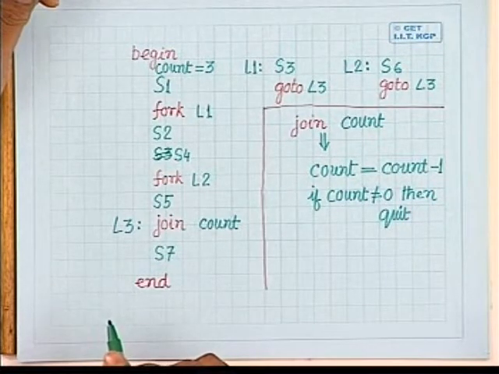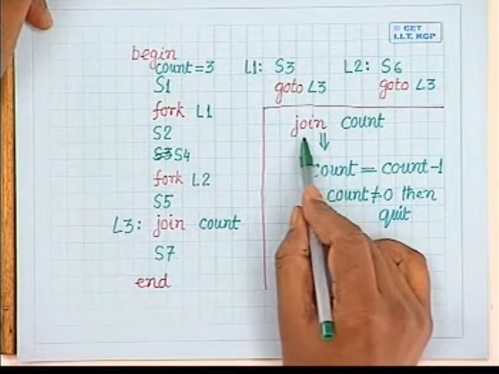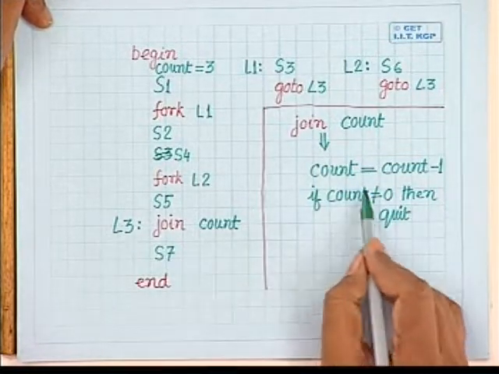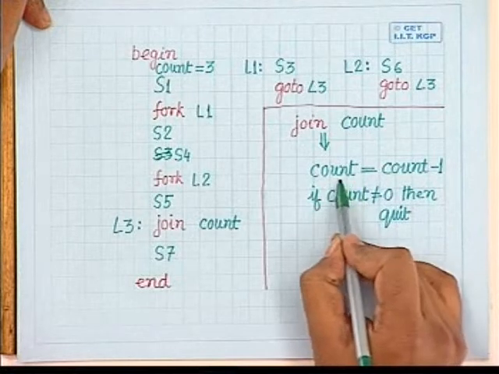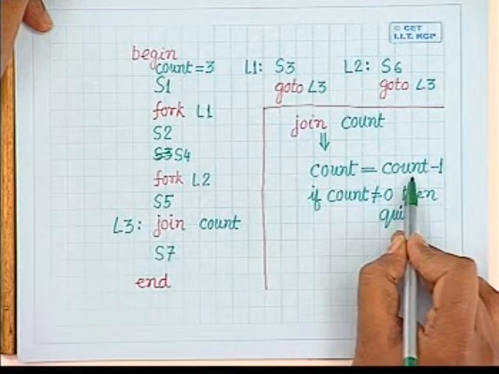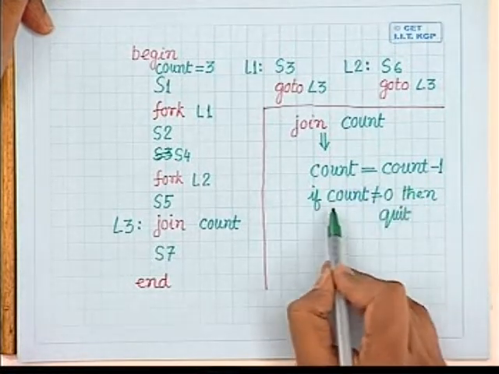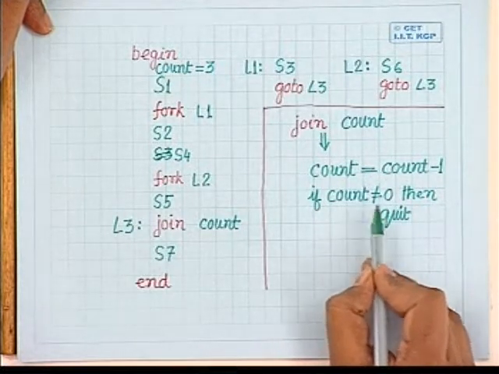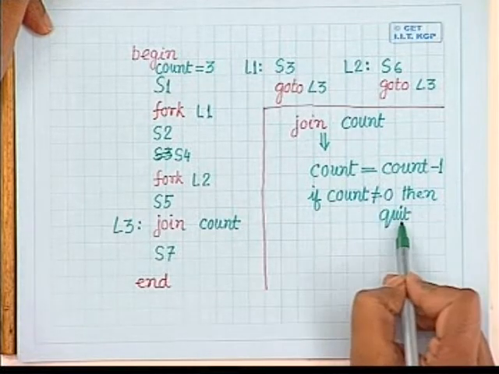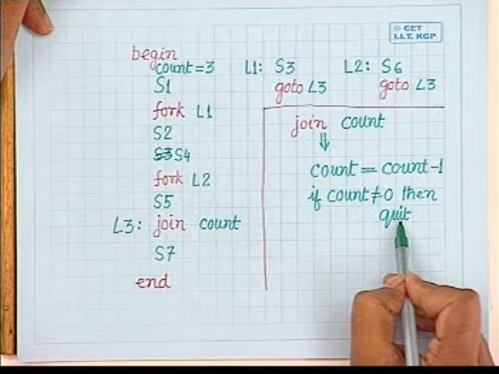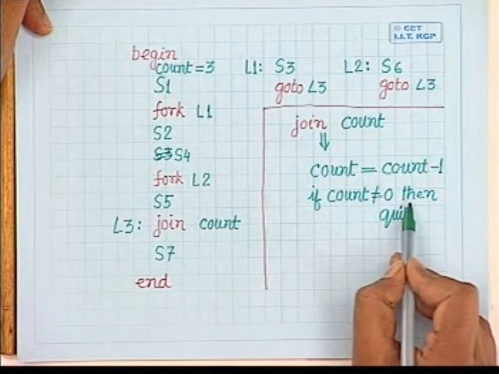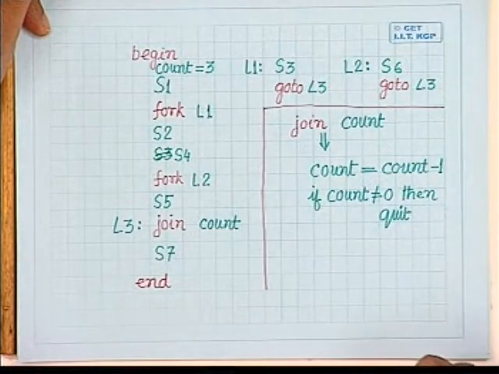So if I expand this join count statement, first count is decremented by 1. After decrementing, you check the value of count. If count is not equal to 0, then the process is terminated. If the count is equal to 0, then the process continues.